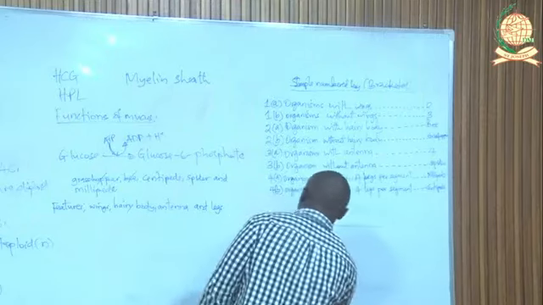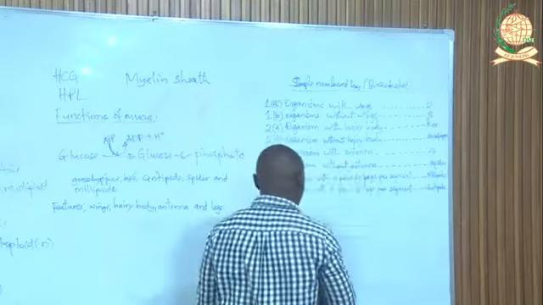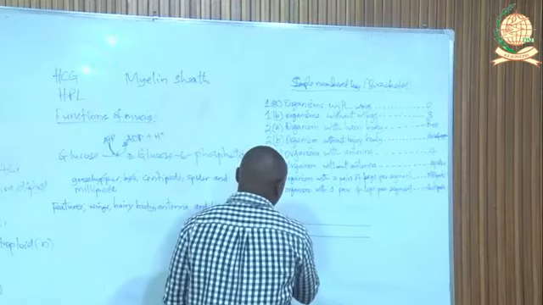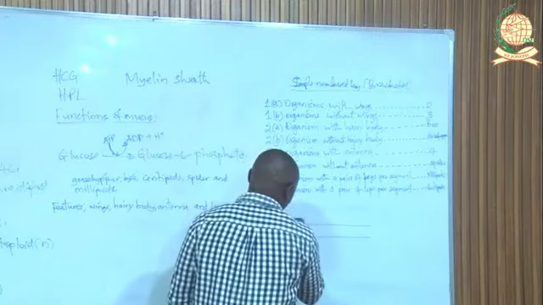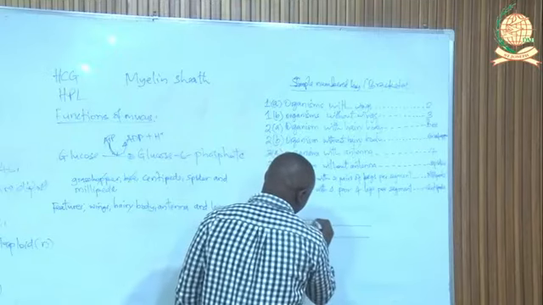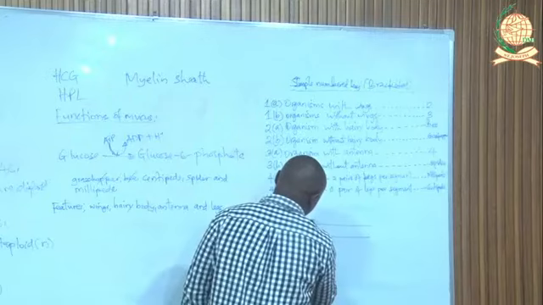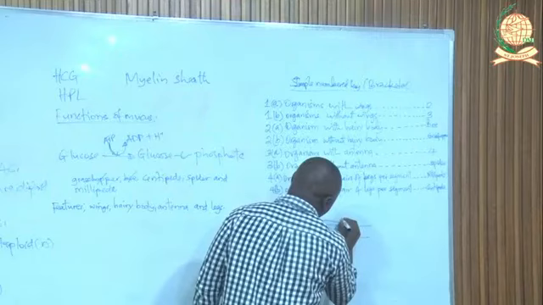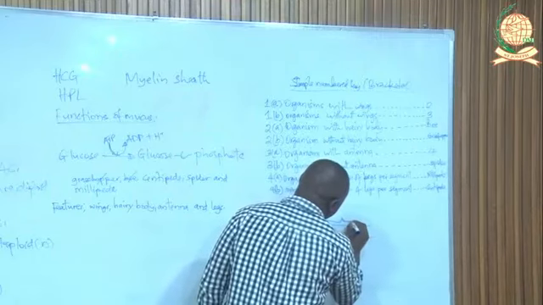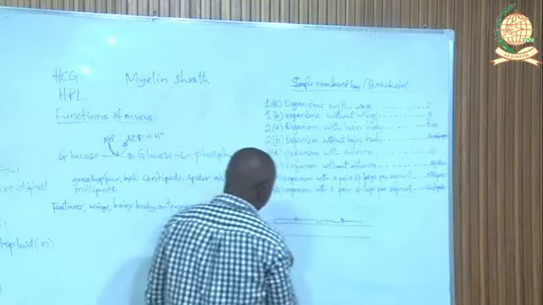Suppose that you have this as an axon. Then the myelin sheath is this insulator, which is usually formed from Schwann cells. There's a nucleus somewhere here, and the myelin sheath is formed from these Schwann cells.